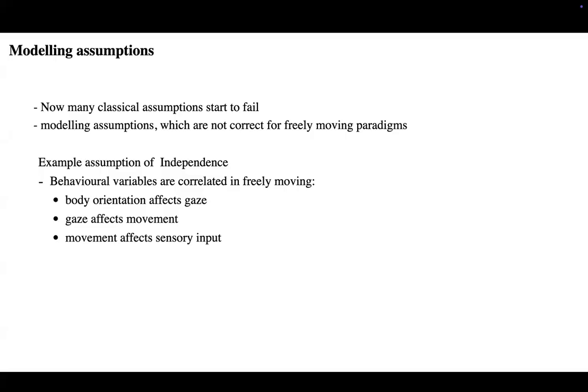So it's almost a chain of correlations, highly interlinked, whereas in classical setups, body orientation would not play a role, gaze would be very isolated from movement, and movement would be isolated from sensory input, besides the sensory feedback from your arm or gaze movement. These correlations are not incidental but actually mechanisms, and often coincide with features that you are interested in. So it becomes difficult to understand which to exclude, which to clean up, and which to keep.